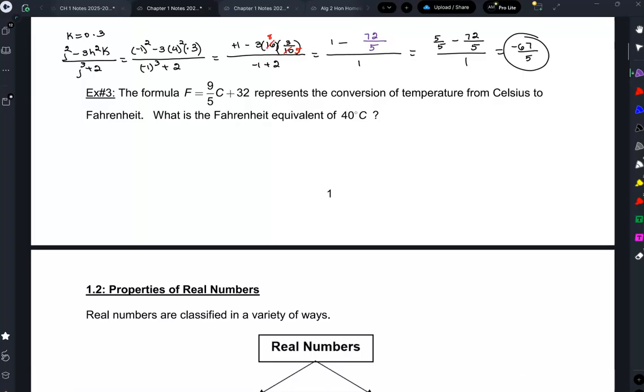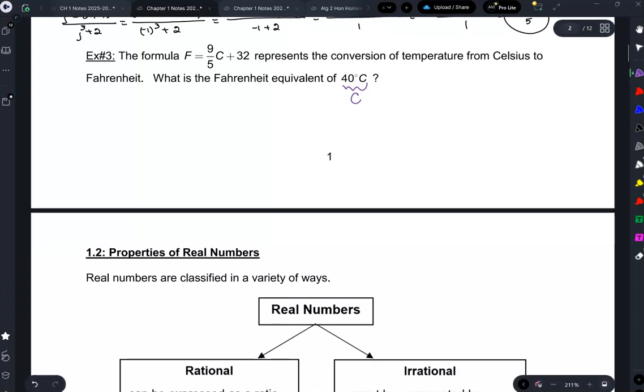This is the formula for how to convert from Celsius to Fahrenheit. So what is the Fahrenheit equivalent of 40 degrees Celsius? So this is our C. Now, basically if C is 40, what is F?